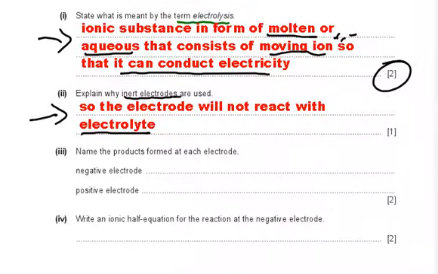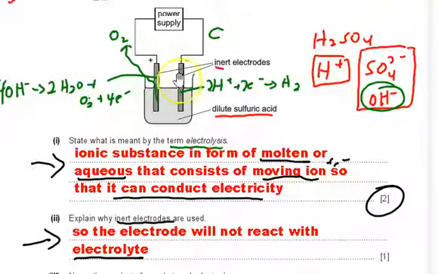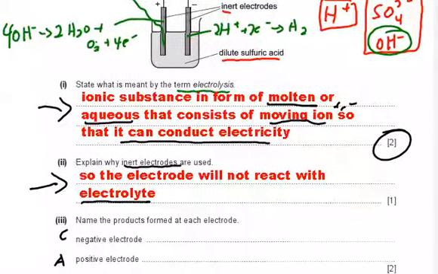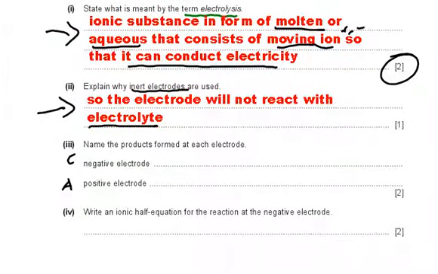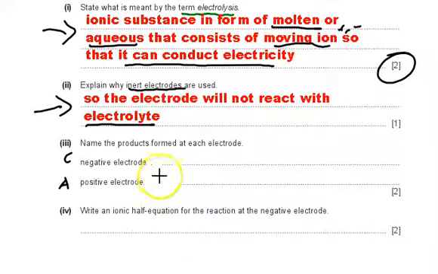Okay, now name the product formed at each electrode, negative and positive. So this is cathode and this is anode. So as you can see, I have discussed with you just now. So here we will have oxygen and here we will have a hydrogen. So at positive you have oxygen gas going out and here we will have a hydrogen gas.